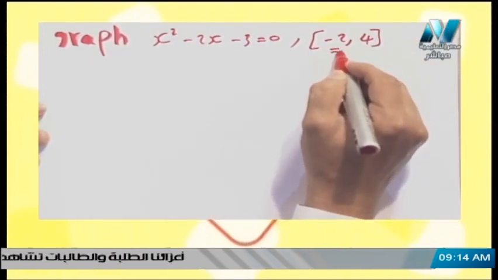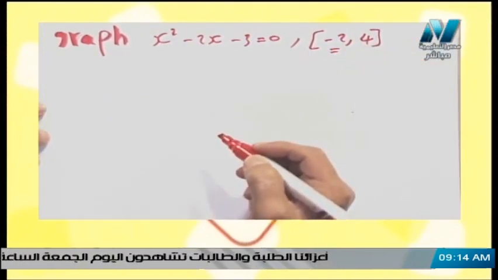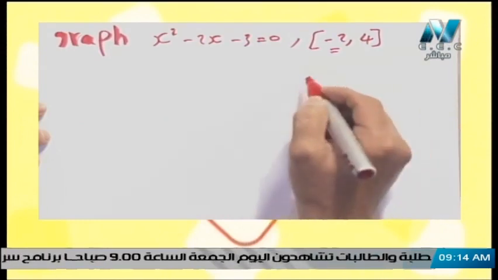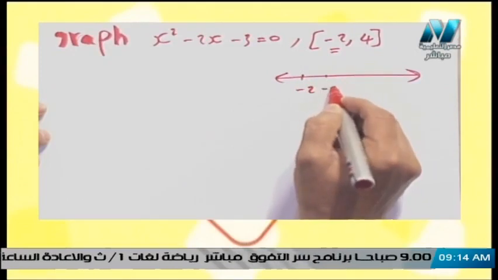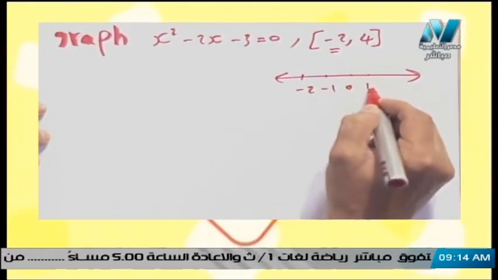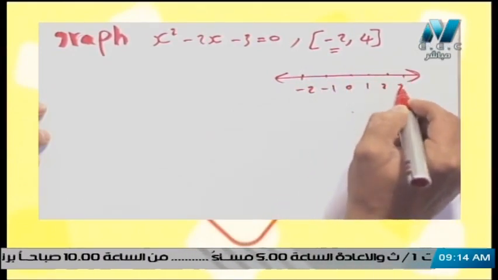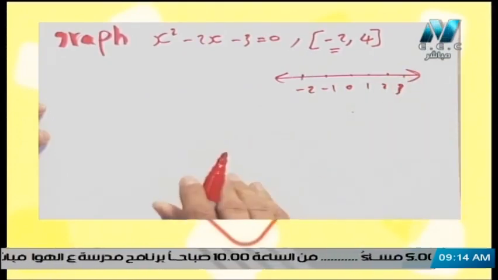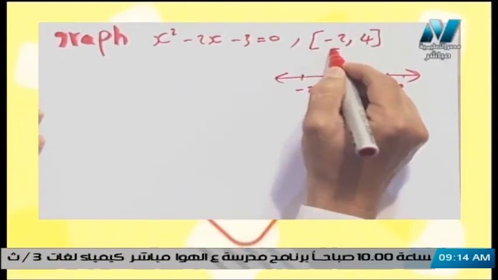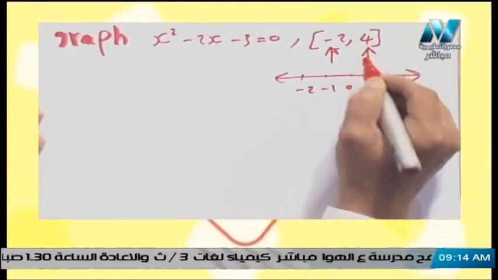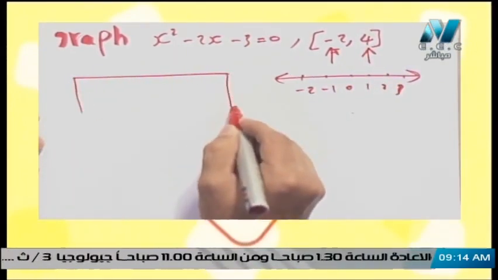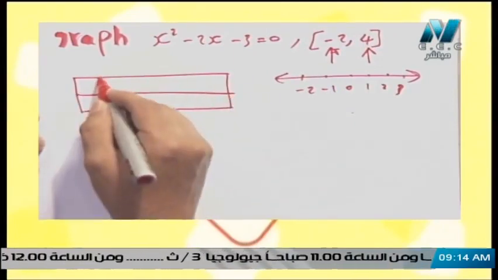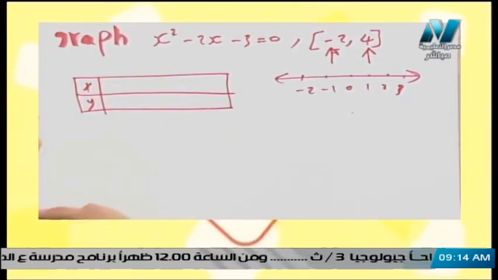So we will substitute x by −2, −1, 0, 1, 2, 3, and 4. We start with −2 and we end with 4. So we will have a table like that, x and y.